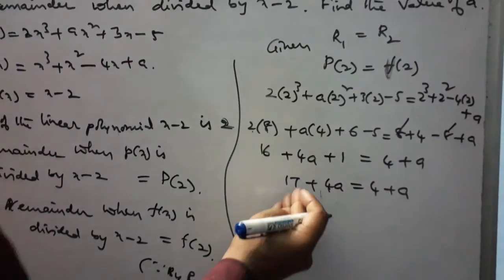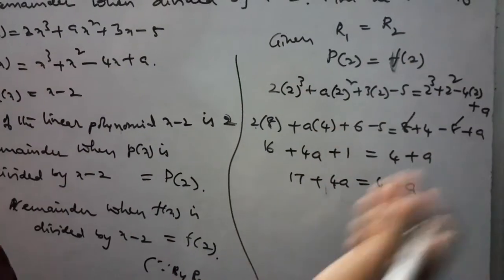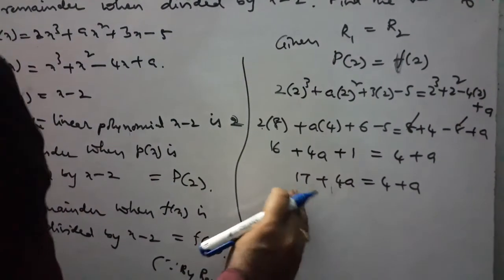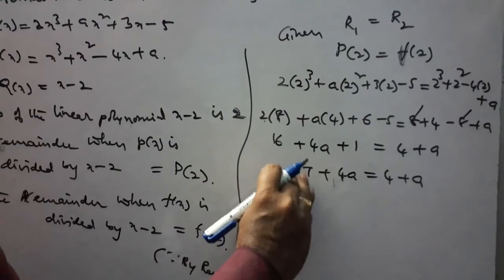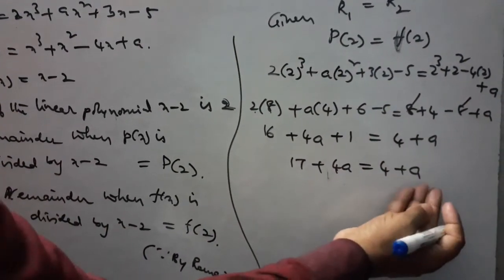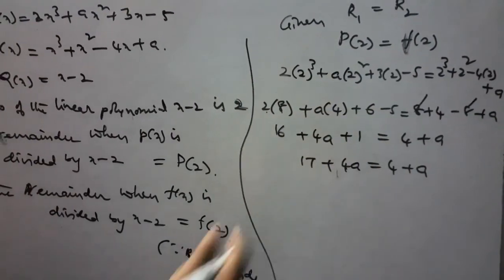So now 17 transfer into right side and a transfer into left side. If you transfer 17 into right side, it becomes minus 17. a transferred into left side becomes minus a.